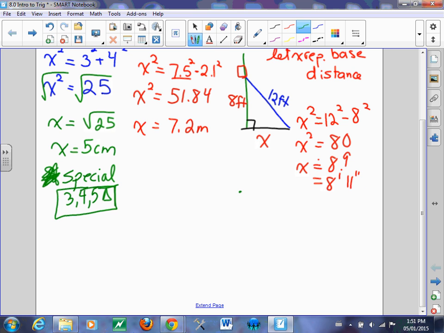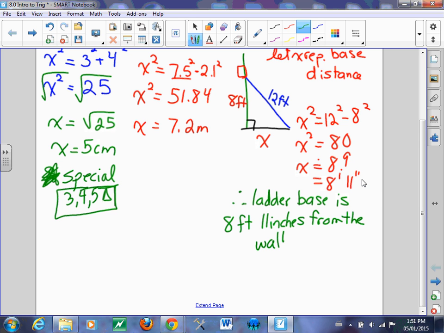So here we go. Therefore, ladder base is 8 feet 11 inches from the wall. And folks, had you rounded it up saying it's approximately 9 feet, I would have given that to you as well.